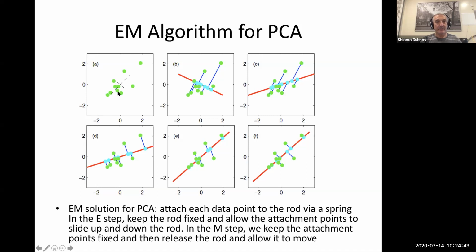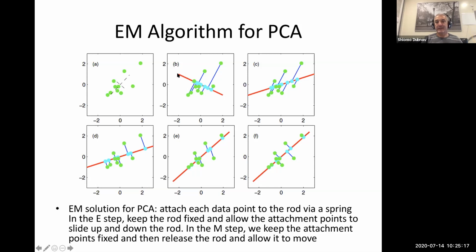So it means we want to find some single line that will best approximate this data if we project it. We start with some random line here, which is just initialization, and these are the projections. Now you can think of these projections as strings that pull this rod.